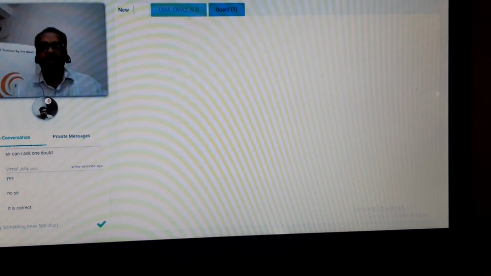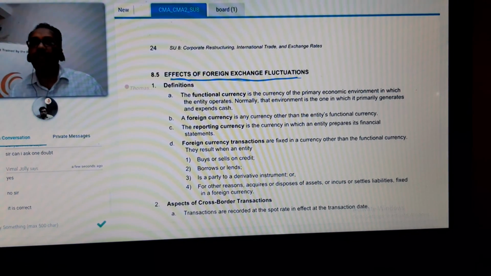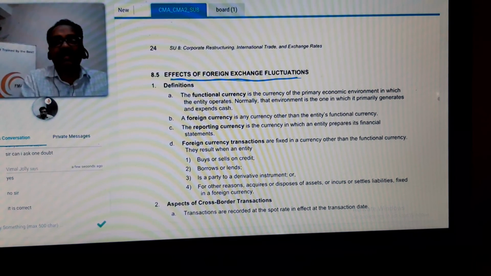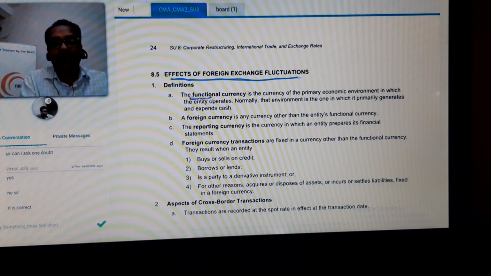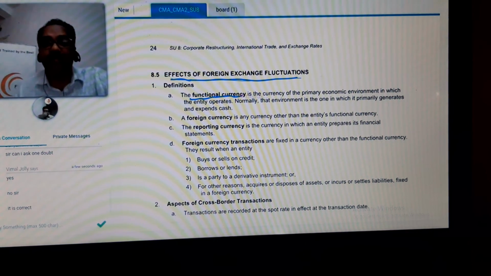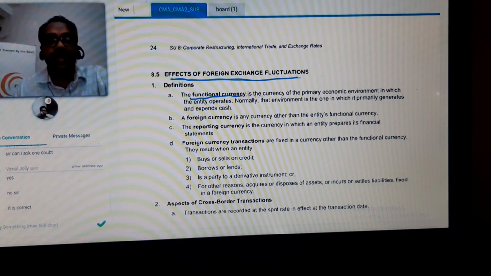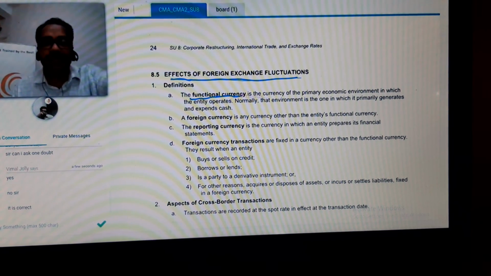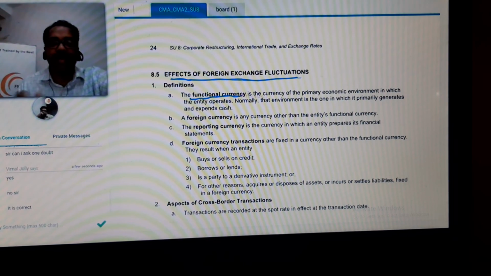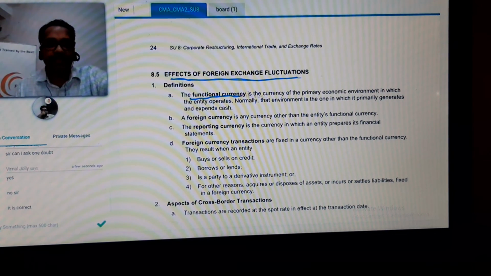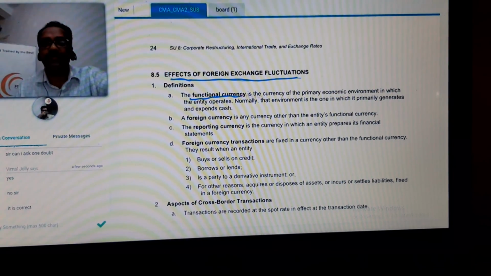Alright? Now, what is a functional currency? It is the currency of the primary economic environment in which the entity operates. If you look at the financials of a multinational company, you will find the definition of the functional currency in the notes to the accounts.